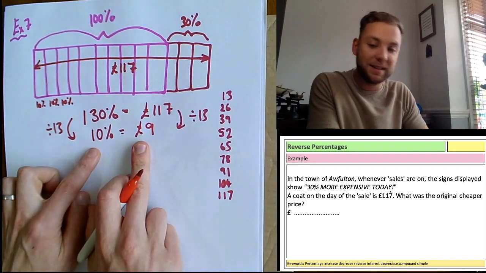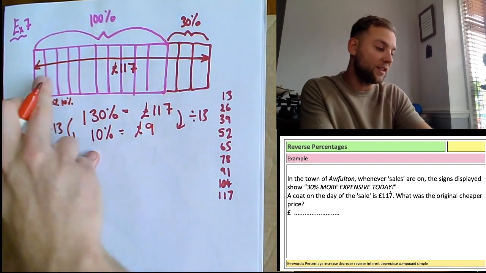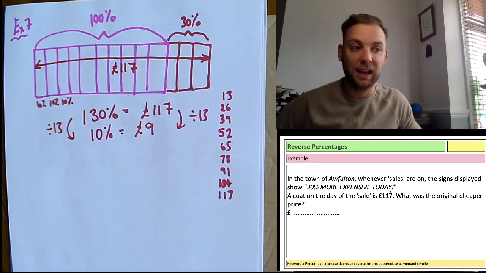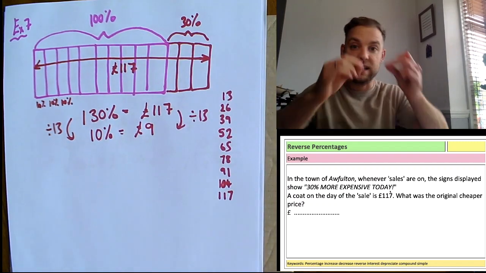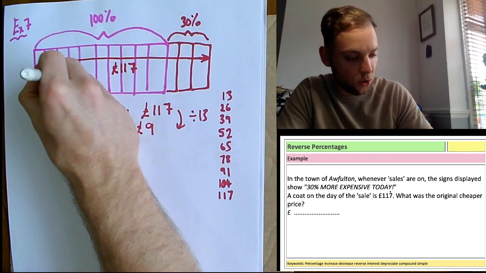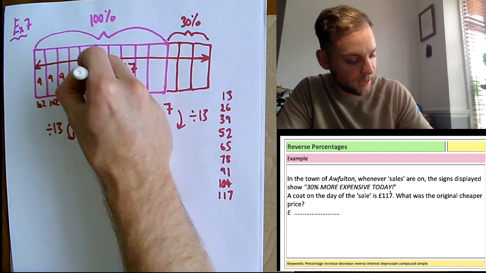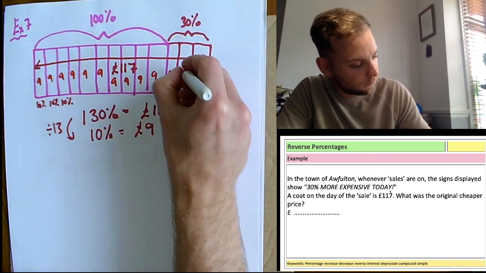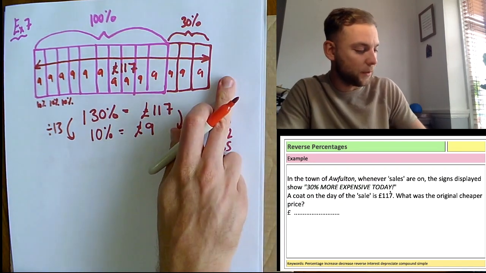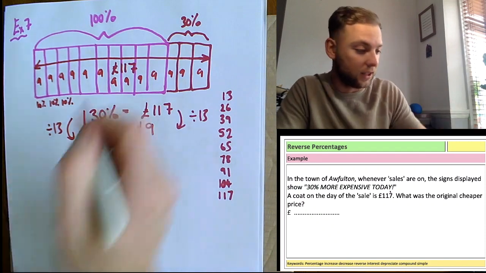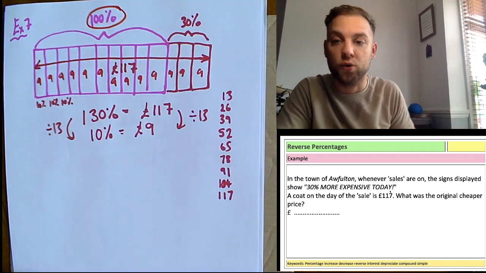So I know that 10% is equal to 9 because I've divided this by 13. Okay, notice I didn't use my calculator for that. This is non-calculator. So then to find 100%, if I know that each of these are worth 9 now, which makes sense because 9 times by 13 is 117, then to find out my original value, I know that I'm trying to find 100%.